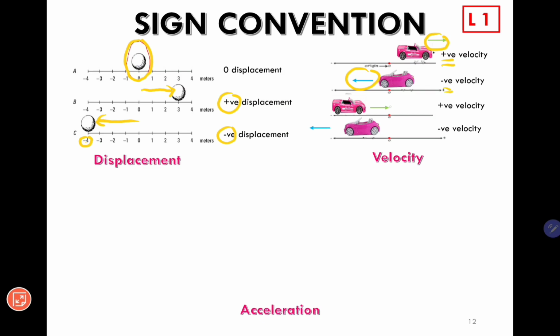And still the same for the third and fourth cases given here. As long as the object is at the negative axis, but the motion is directed to the right, the velocity is positive. Also for the last case, the object is still at the negative axis, but the motion is to the left. So to the left, the vector is negative, so the velocity is negative.